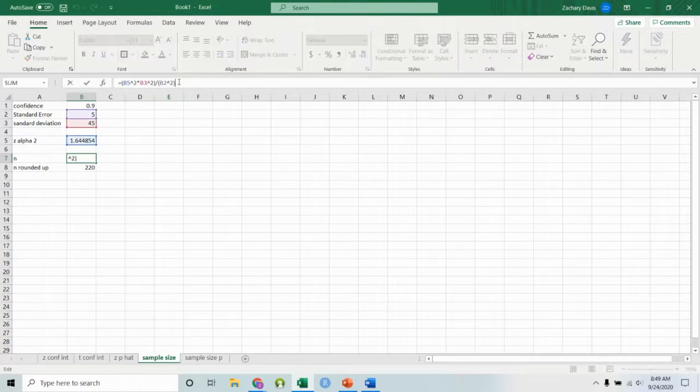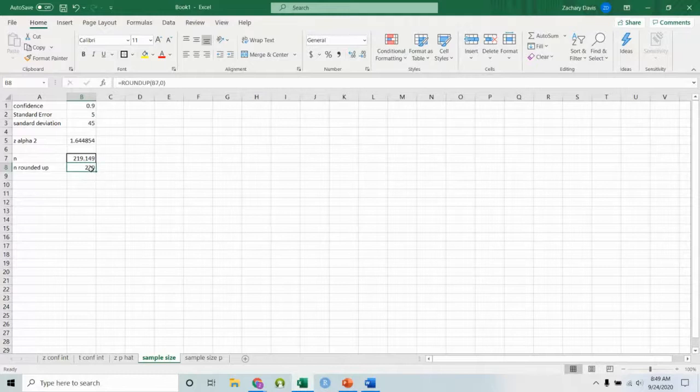Then we use our formula: our z alpha 2 squared times our standard deviation squared, divided by our standard error squared of 5. It'll give us 219.14. We have to round it up to a whole number, and that's how we get 220.